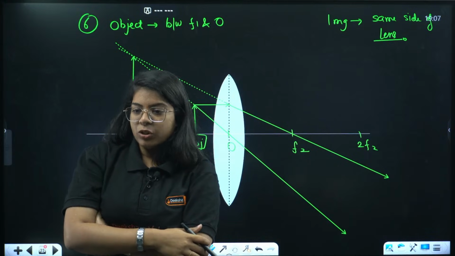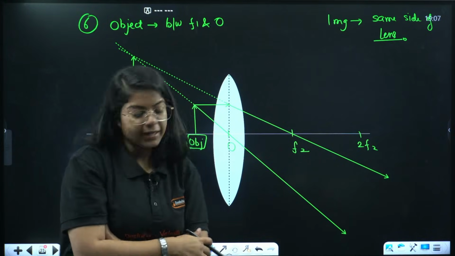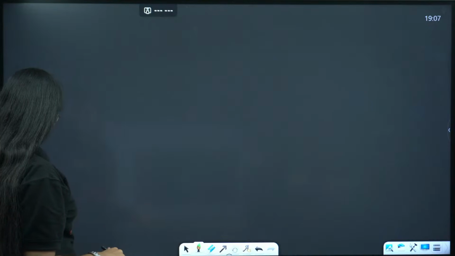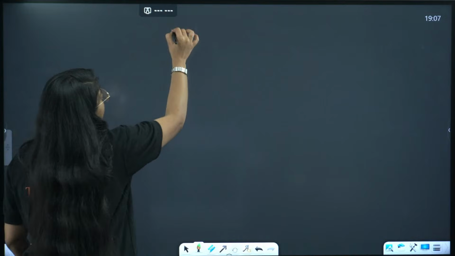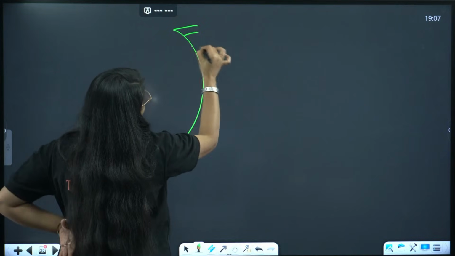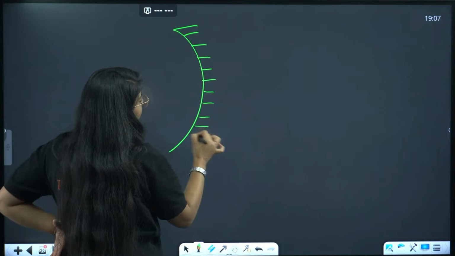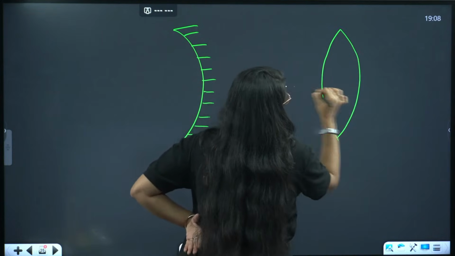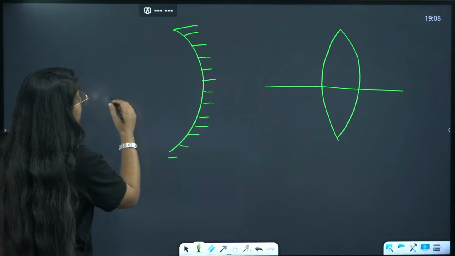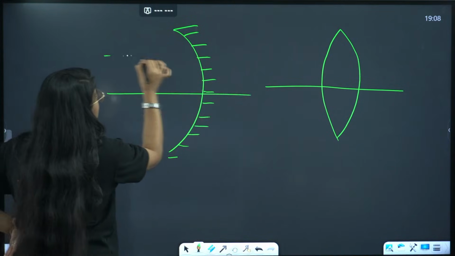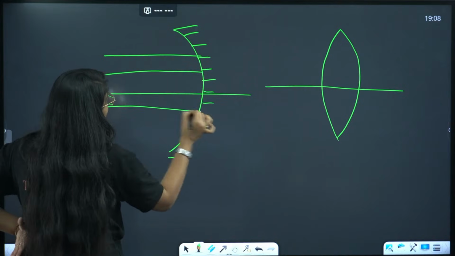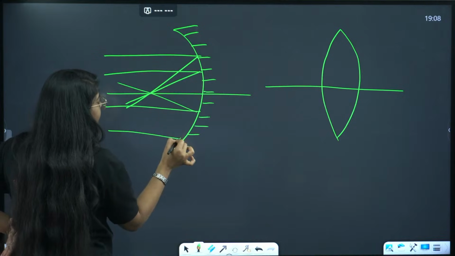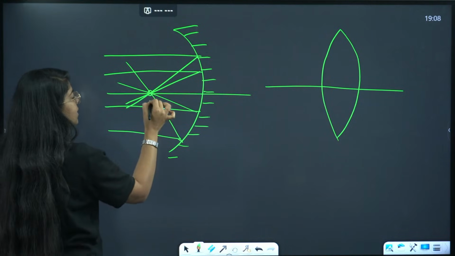हाँ ठीक है ठीक है. You want me to explain principal focus, right? ठीक है. देखो. See, this is my concave mirror, है ना? And this is my convex lens. We know these are almost similar. Now what happens कि these rays are coming parallel, है ना? And they reflect and converge at the same point. This is called focus.